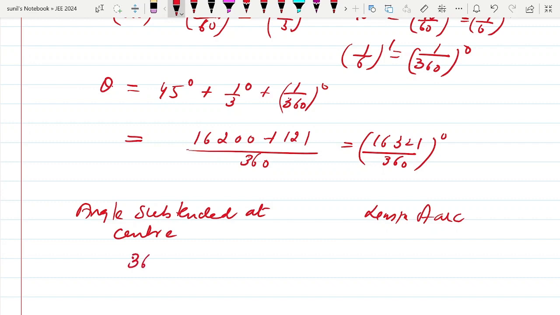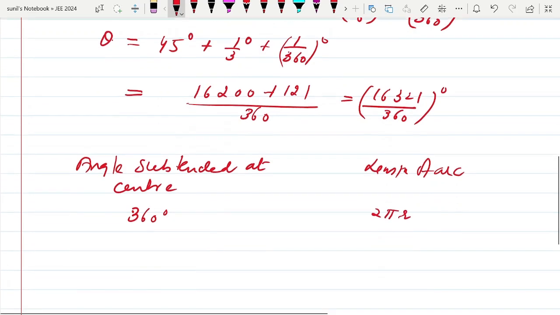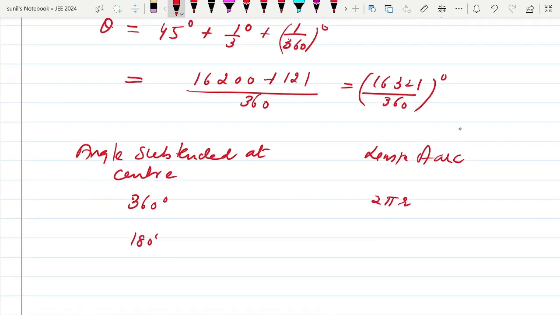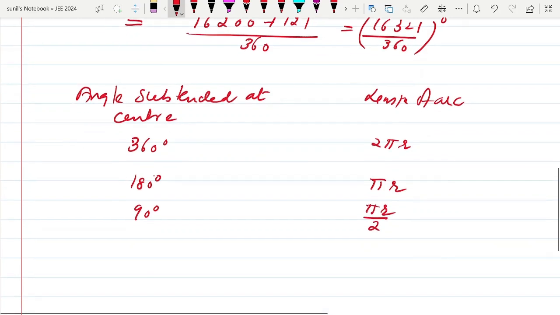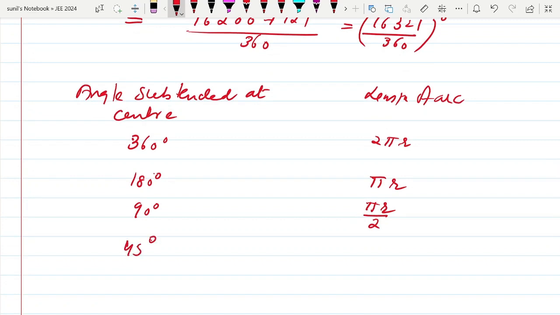Suppose it is 360 degree. So what is the length of the arc? That is simply 2 pi r, the perimeter of the circle. If it is 180 degree, then the length of the arc is pi r. If this angle is 90 degree, then definitely it is pi r by 2. And if this angle is 45 degree, then it is pi r by 4.